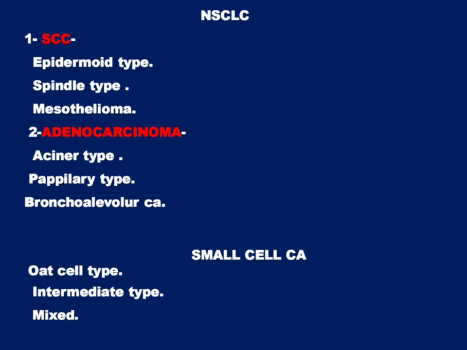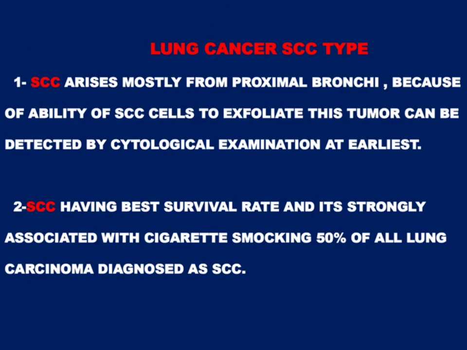So if you categorize differentiated versus undifferentiated, almost 70% of lung cancers are differentiated carcinoma, and undifferentiated carcinoma is only 30%. The WHO has divided lung cancer, broadly speaking, into non-small cell lung cancer and small cell lung cancer, in which non-small cell lung cancer comprises around 85%, which is more dominating and very common.